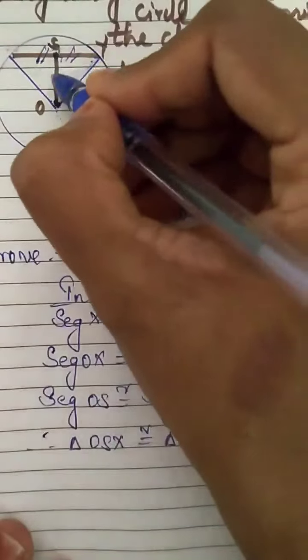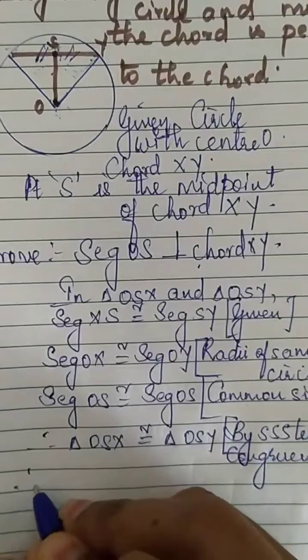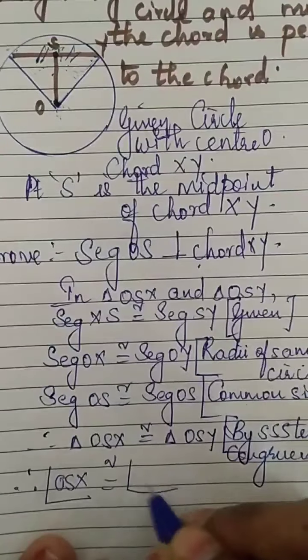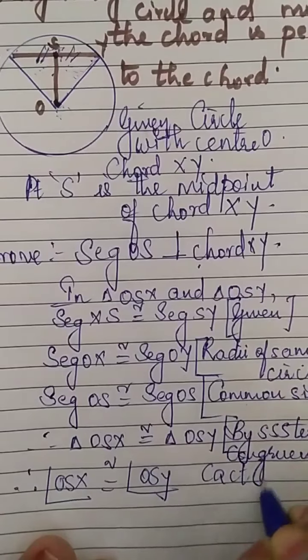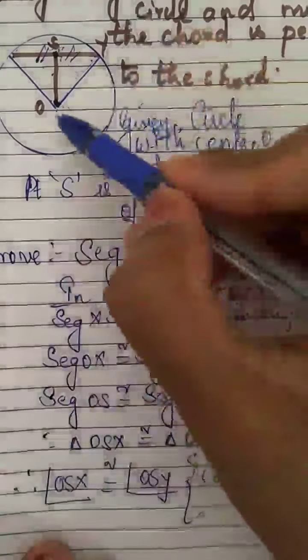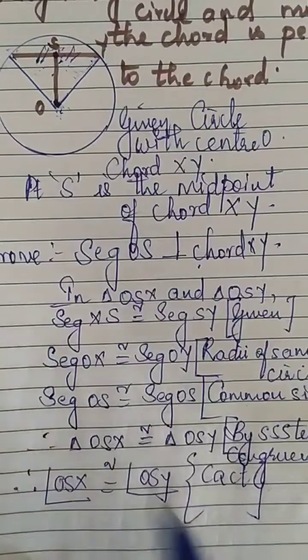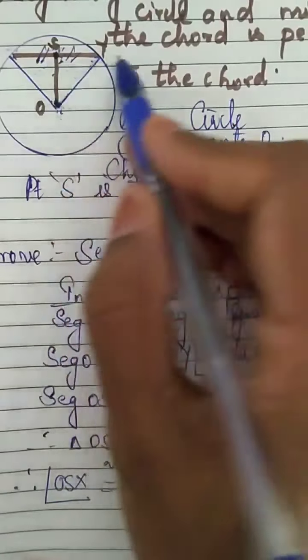Now we will take these two angles and write CACT. So therefore angle OSX congruent to angle OSY, CACT. Okay, these two angles are congruent. Now OSX and OSY both are linear pair angles.